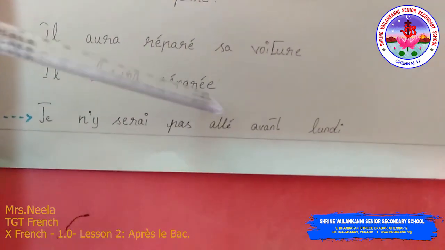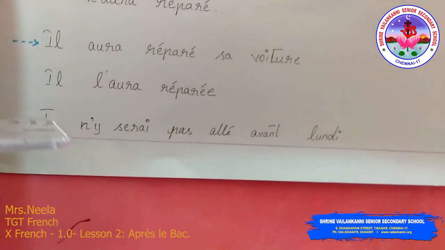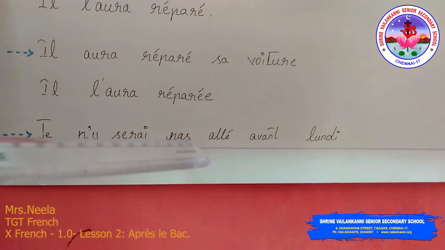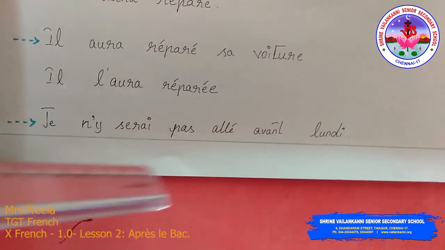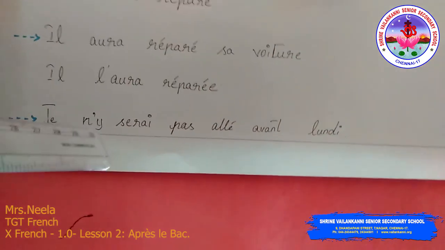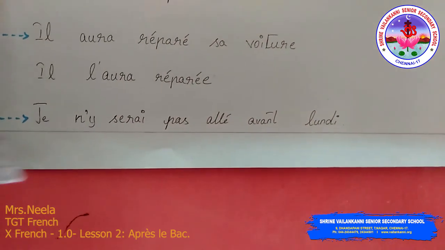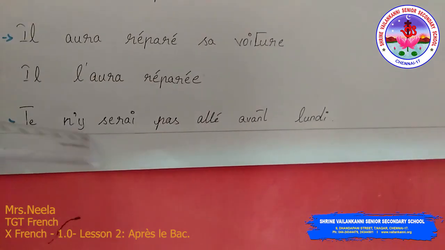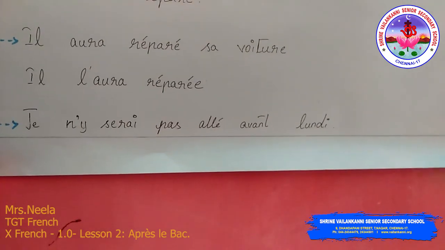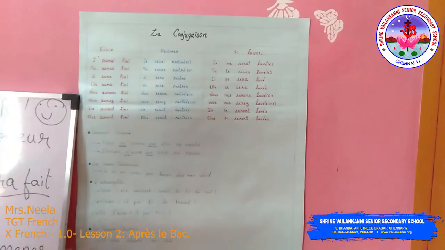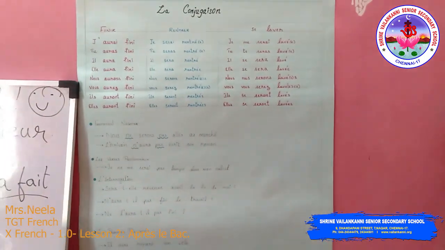You are adding e because it is feminine. Next one, je n'y serai pas allé avant lundi. I will not have gone there before Monday. So this y is representing the place. So overall these are the conjugations in various forms: affirmative, negative, pronominal, interrogation.